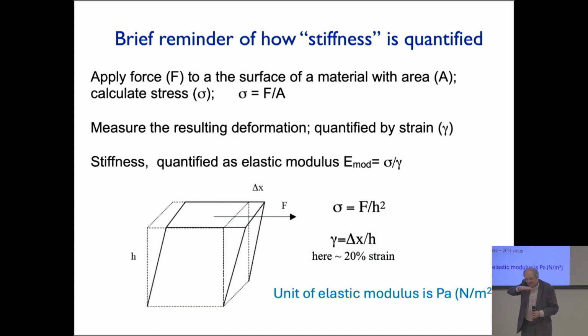You can either apply the force tangentially to the surface of the material and deform it in shear. And this deformation has the feature that it conserves the volume of the material. You cannot squeeze water out of a sponge by shearing it. You could also deform the material by putting the force perpendicularly to the surface, either by compressing it or stretching it, and that in principle can change the volume.